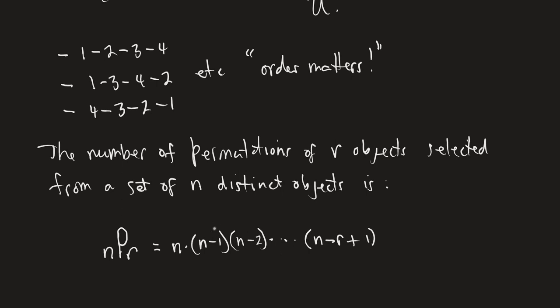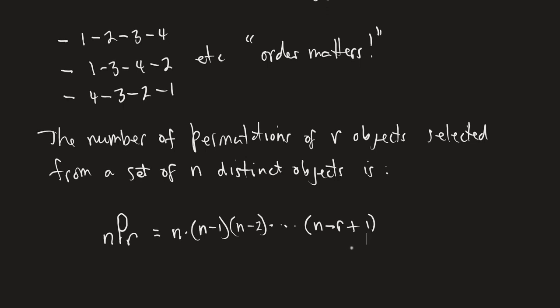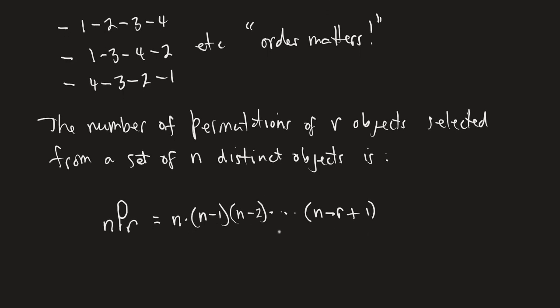When you look at the first few factors here, it looks like a factorial in general, but it doesn't necessarily go all the way down to 1. Sometimes it does, if n is equal to r and you're permuting all the elements, you would end up getting a true factorial, but it doesn't always work out to be a factorial.